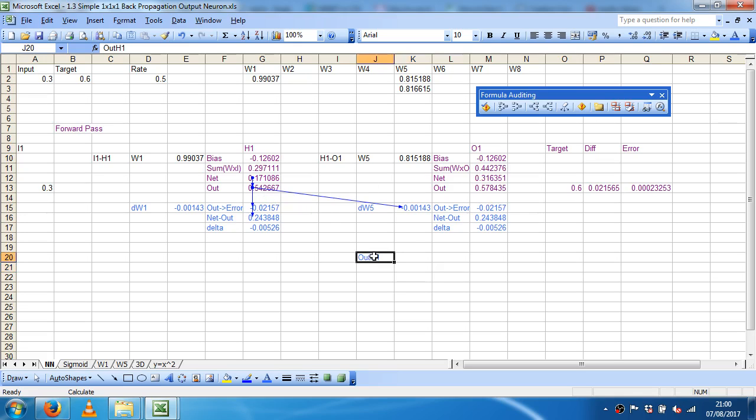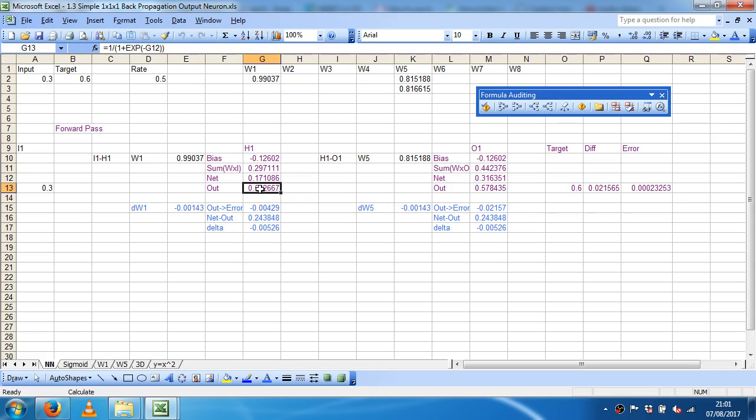So if I take the OutH1 times the delta, it should get me back to this equivalent point here. So that means we need equals the delta times weight 5. So that will get me back to here. Okay, let's get rid of these arrows. So that's got me back as far as the output.